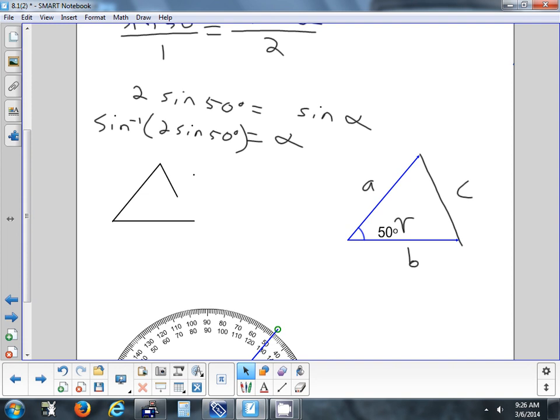I can make this angle anything I want. There's no restriction on it. And I can make that as long as I want. But I have to keep that 50, which means I can't turn that bottom side up. And no matter how I rotate this side, the best I could do would be putting it straight up and down, and it still doesn't reach.